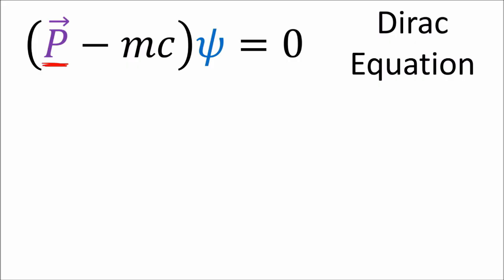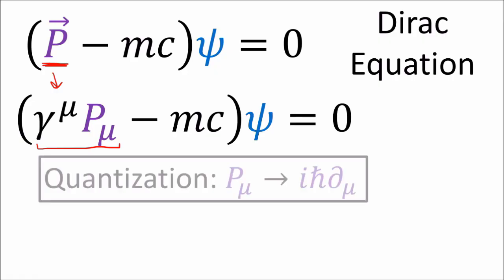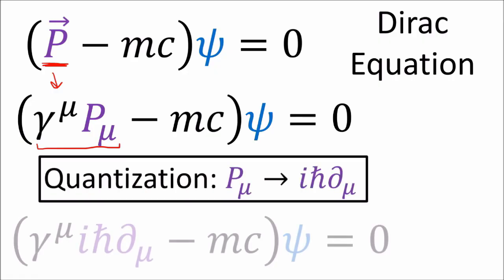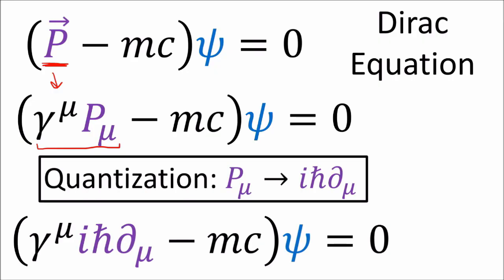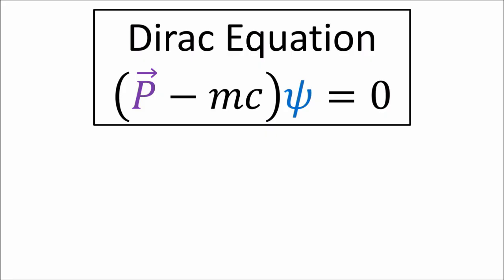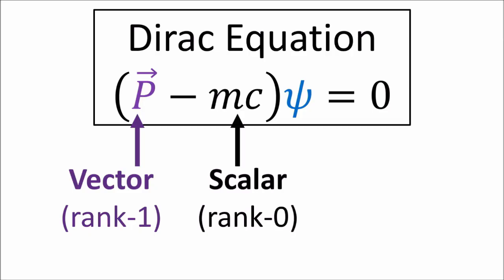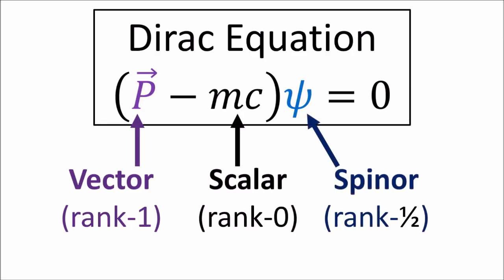If you want the more traditional Dirac equation, you can always write p as a linear combination of gammas, and then use quantization rules to replace the components of p with i h bar times a derivative. So in the Dirac equation, there are three main objects: the four-momentum, which is a vector, the mass, which is a scalar, and psi, which is a Dirac spinor.